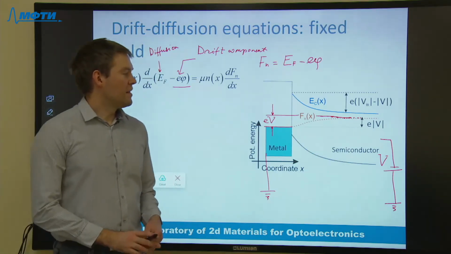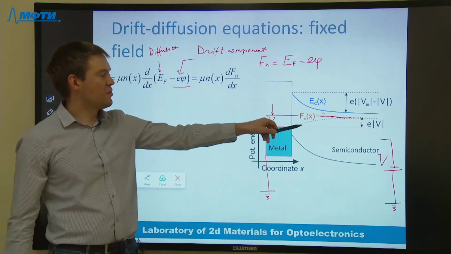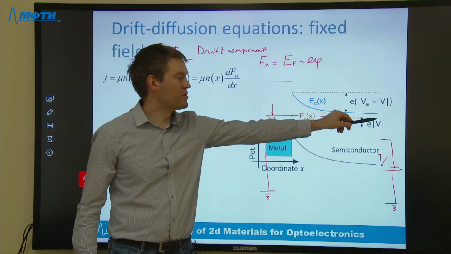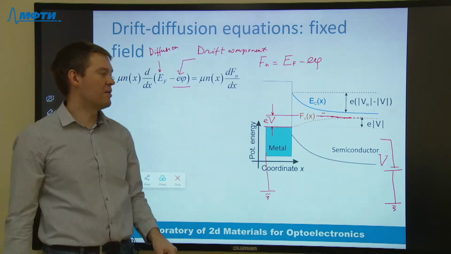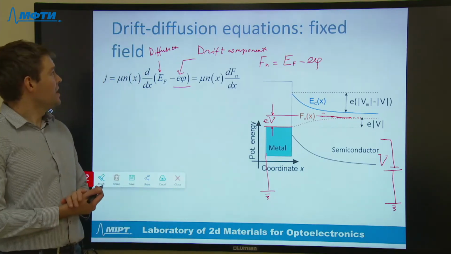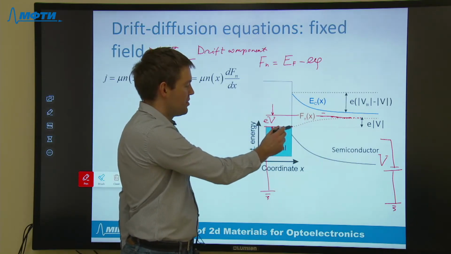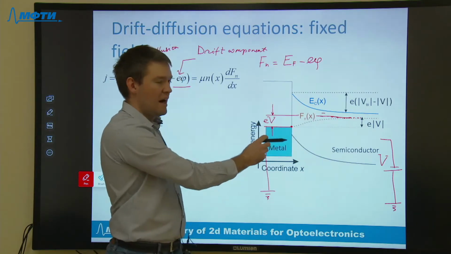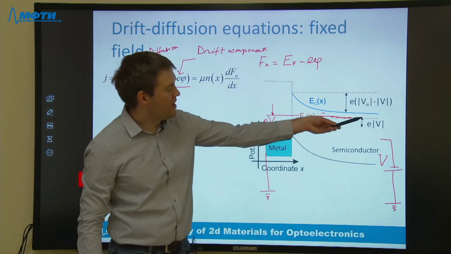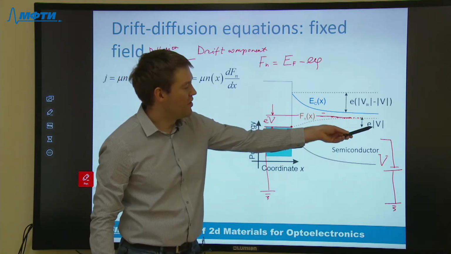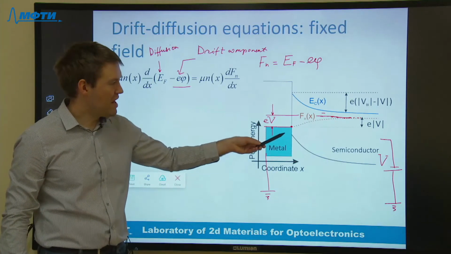When the electron travels from one end of the structure to another, its quasi-Fermi level gradually evolves from one equilibrium deep in the contact to another equilibrium deep in the contact. The drift diffusion model assumes that the electrons injected from the semiconductor are equilibrated with the metal immediately at this boundary. So the Fermi level drops from the value of E modulus V at the right side to 0 at the metal side.